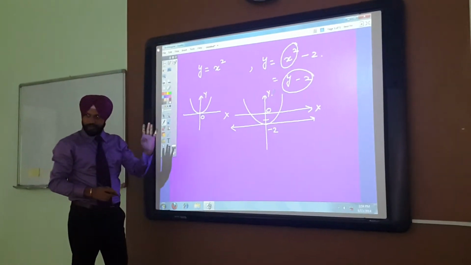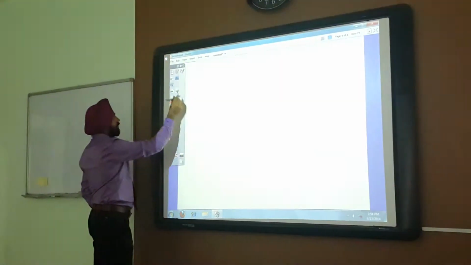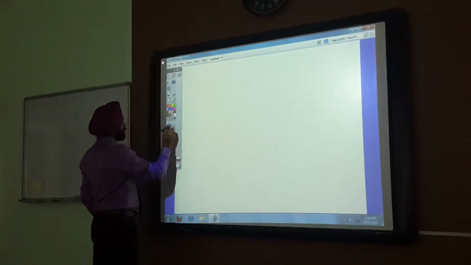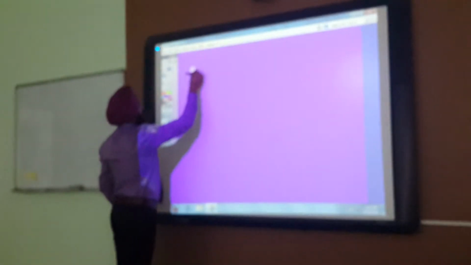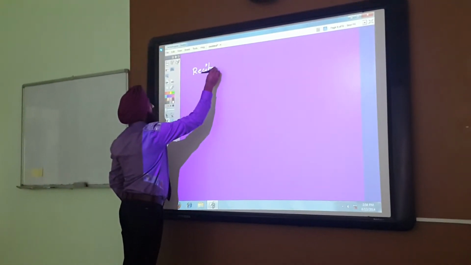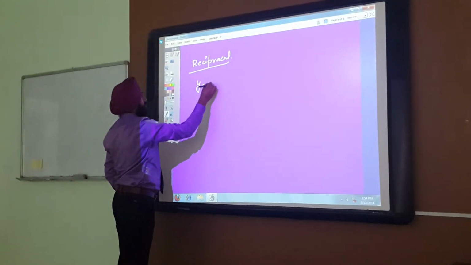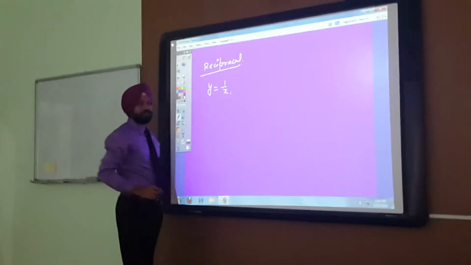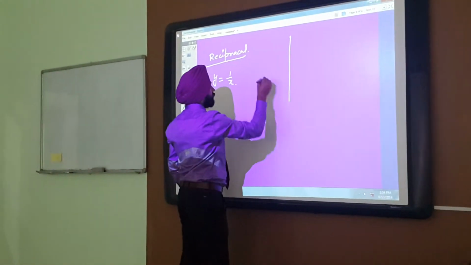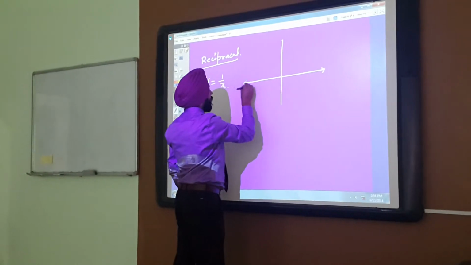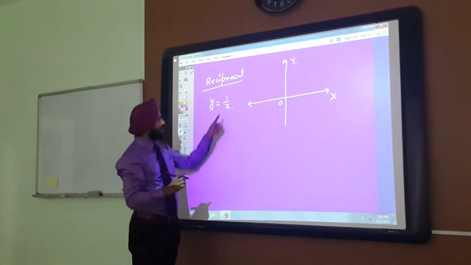Okay, fine. So let's take another example of reciprocal graphs, reciprocal and its transformation. Y equals 1 by x. Then what is the standard curve? As I told you, 0, x and y.